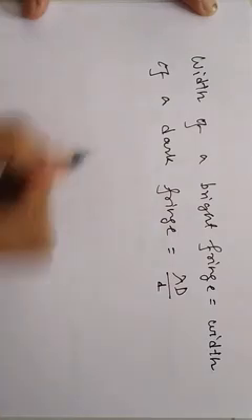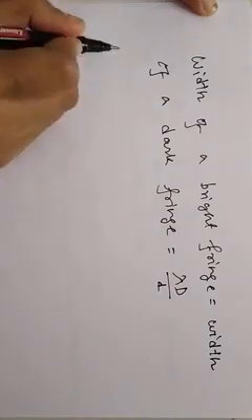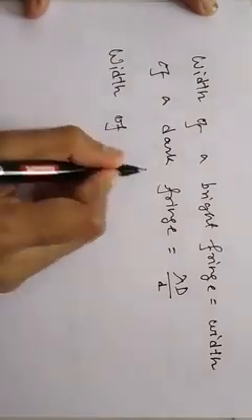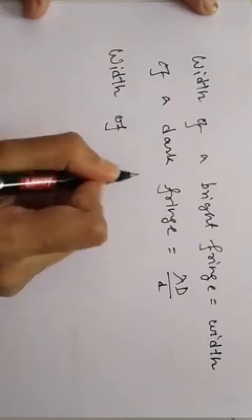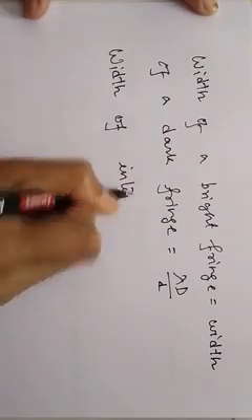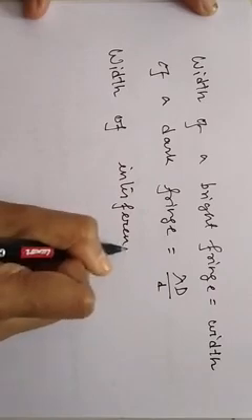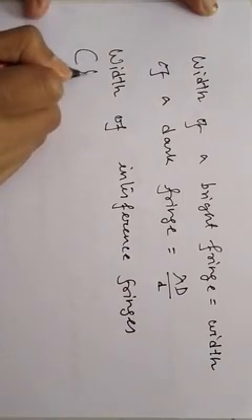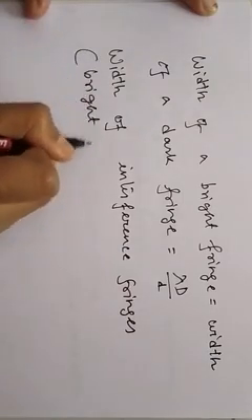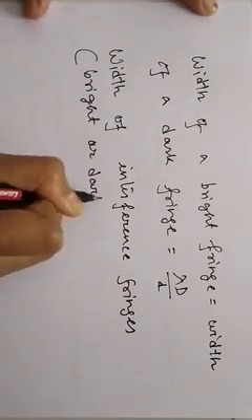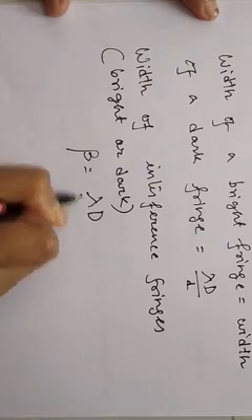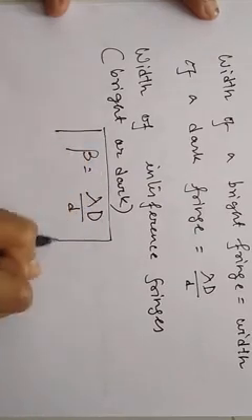So the width of an interference fringe, whether dark or bright, is denoted by beta, which is given by lambda D by d.